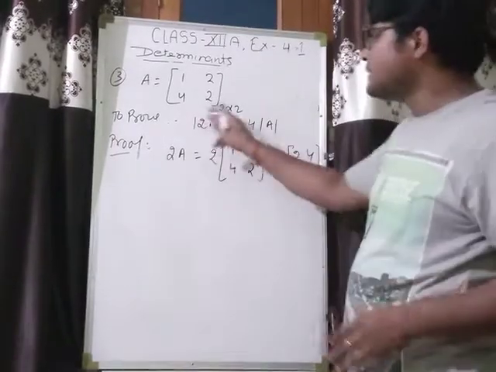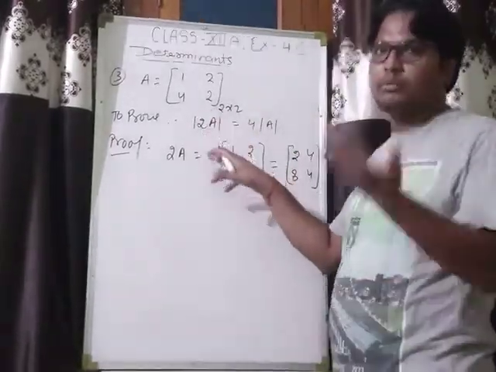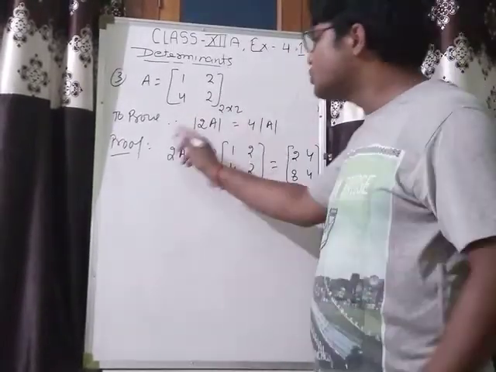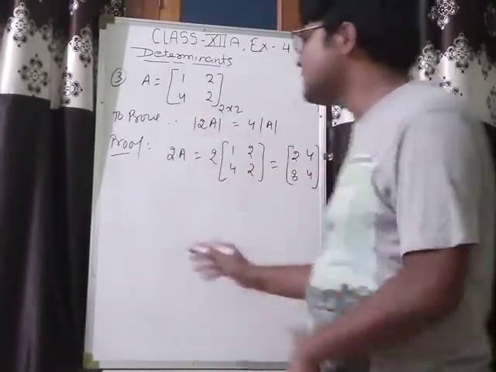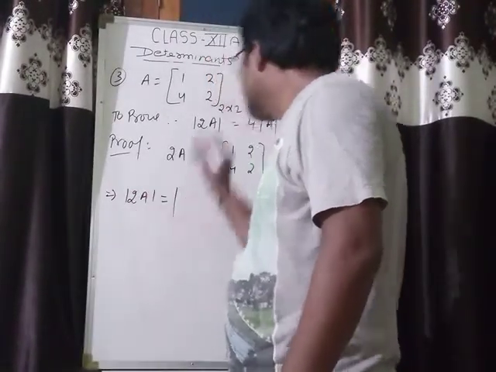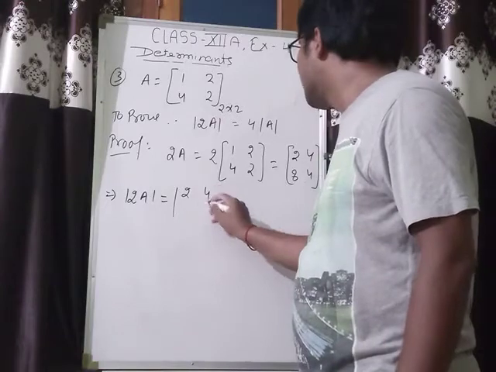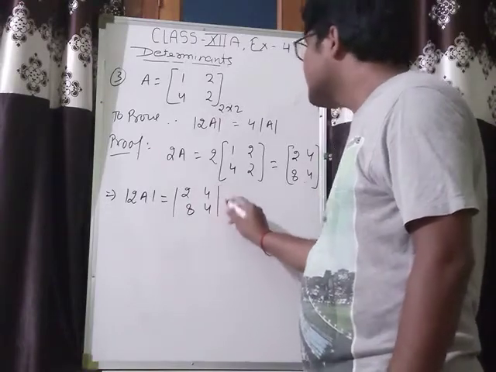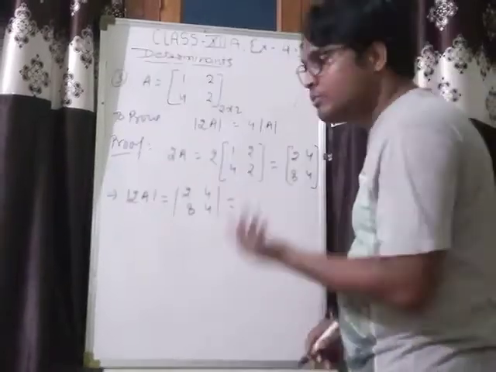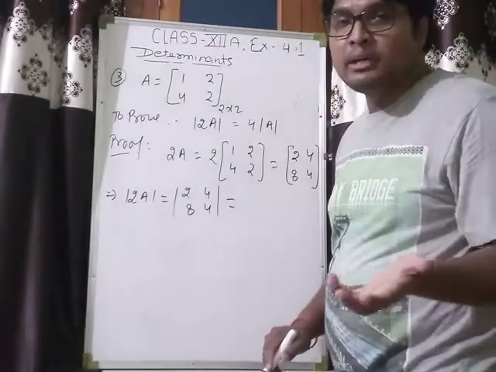Now you can see the left hand side of what we have to prove. Left hand side is the determinant of 2A. So 2A is a matrix. Now find out its determinant. So we have the determinant of 2A equal to the determinant of 2 4 8 4. You can see this is a square matrix of order 2. So how can we find out its determinant?